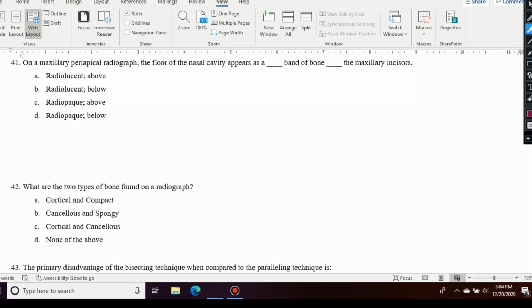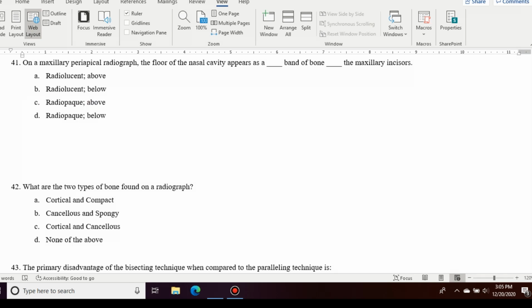The correct answer is C. Radiopaque and above. On a maxillary periapical radiograph, the floor of the nasal cavity appears as a radiopaque band of bone above the maxillary incisors. The nasal cavity itself is radiolucent. We're talking about that bright white band of bone above the maxillary incisors. That is the floor of the nasal cavity.